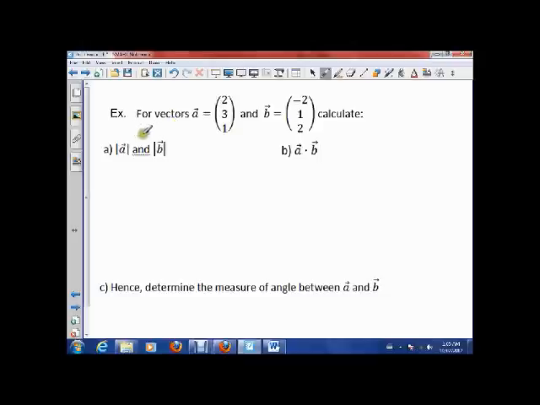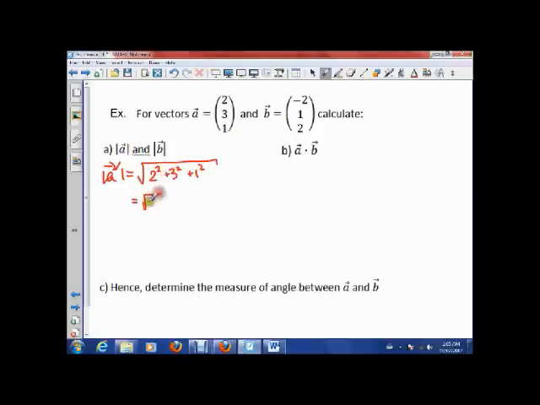So what we want to do is find the magnitudes of A and B. That's the first part of this question. So let's do the magnitude of A first. Remember the magnitude is the square root of 2 squared plus 3 squared plus 1 squared.